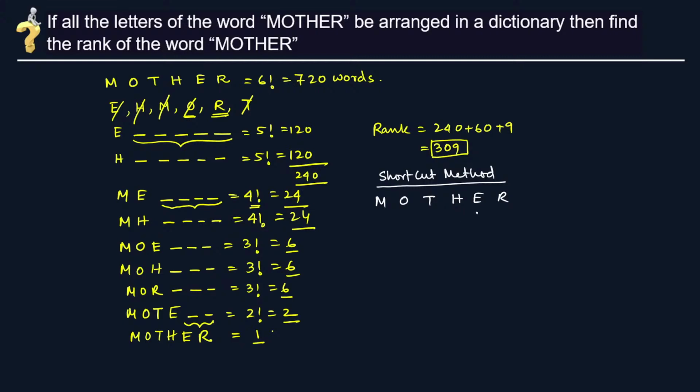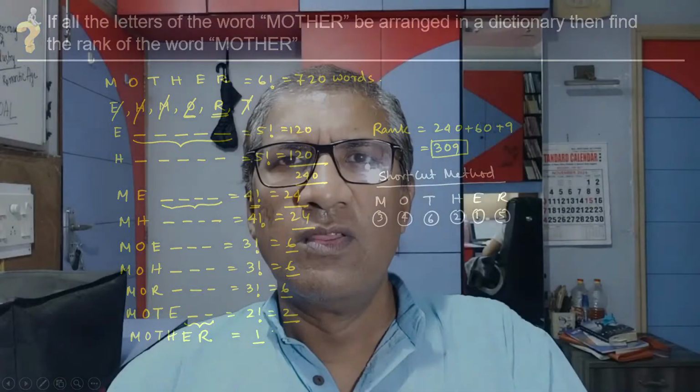So first E will come, say 1, then H will come, this is 2, then M will come, this is 3, then O will come, this is 4, then R will come, this is 5, and then T will come, this is 6.